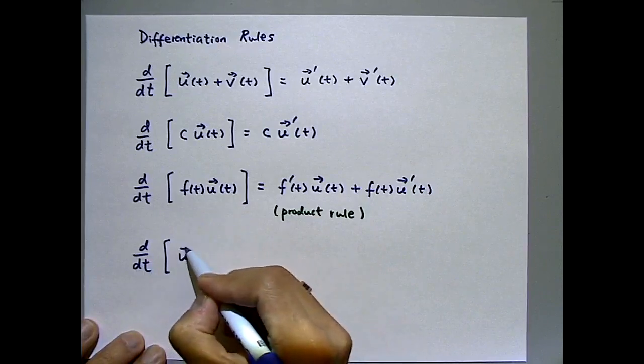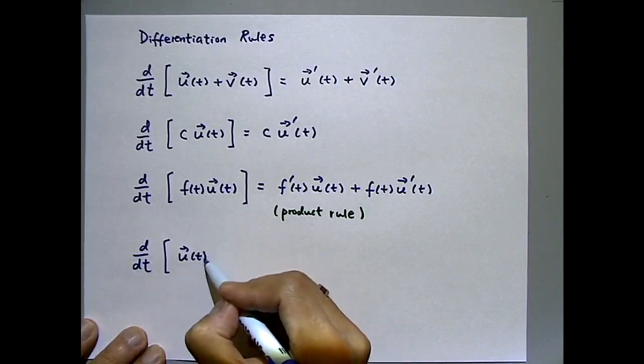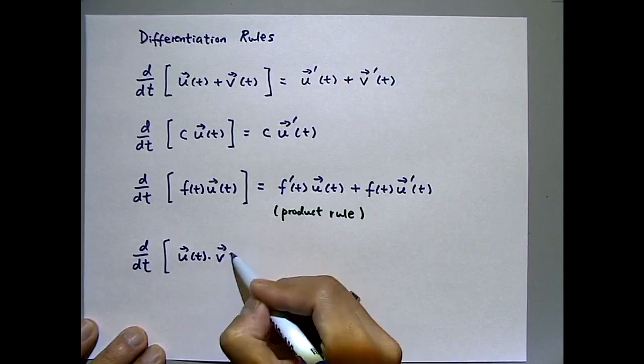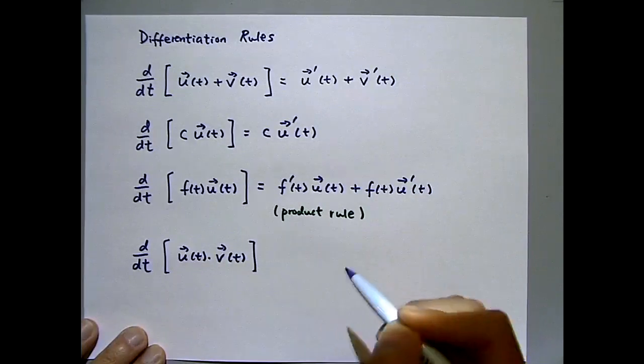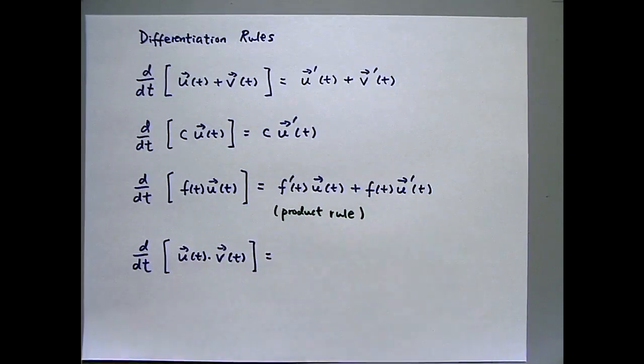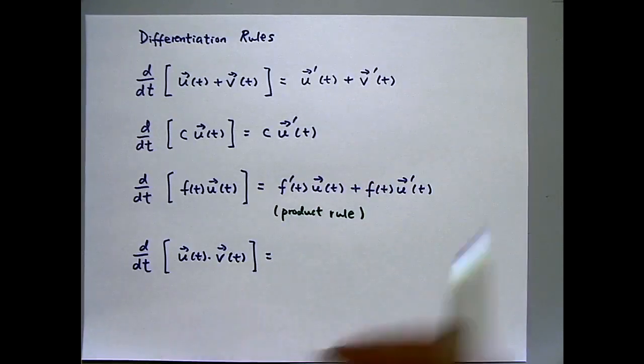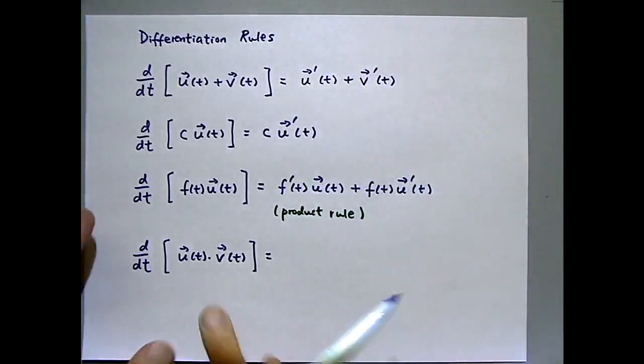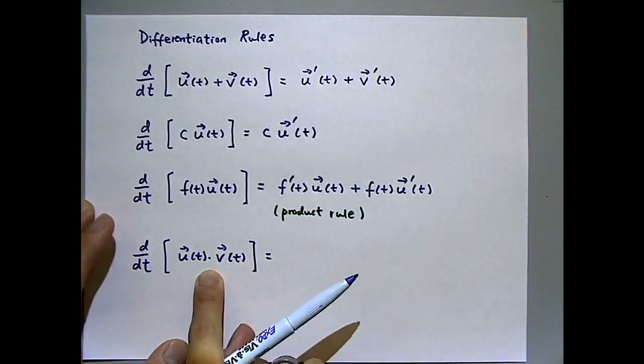The derivative of a dot product of two vectors, u dot v, and once again you use the product rule for this situation, but instead of a regular multiplication you use a dot product.